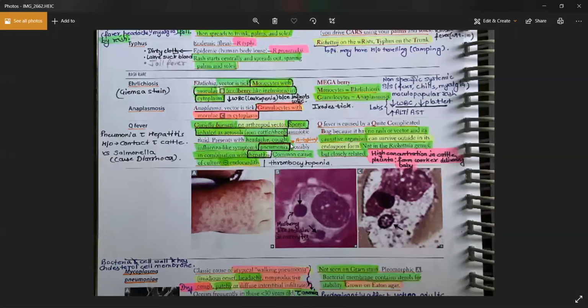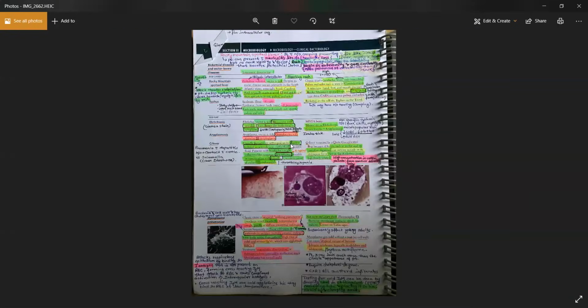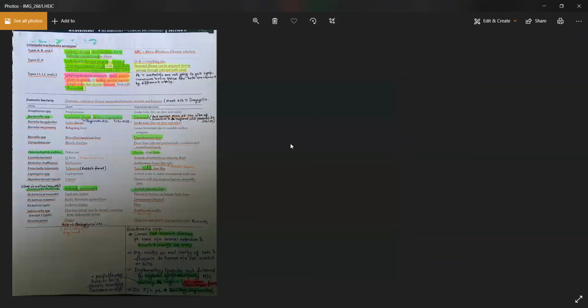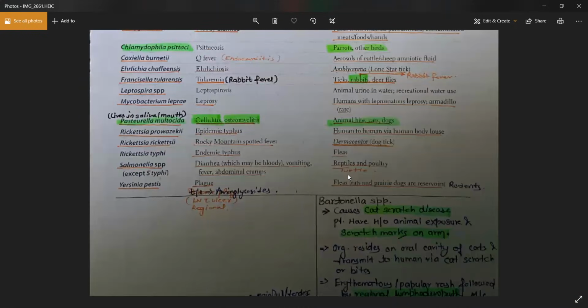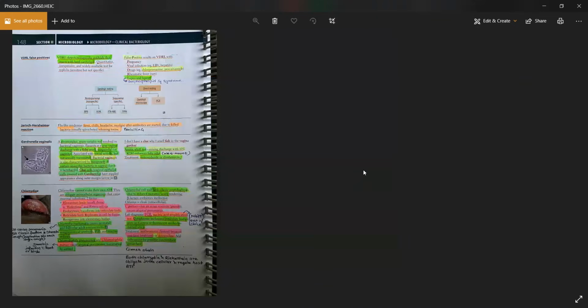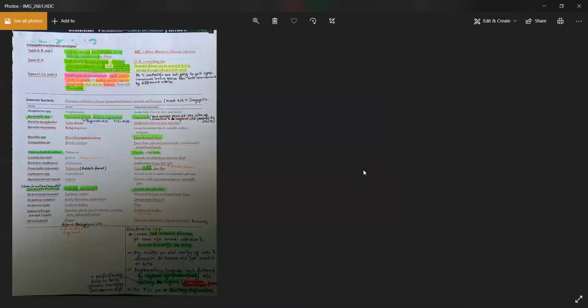So what about the lymphadenopathy and ulcer in case of plague? In case of plague, you will get the painful inguinal lymphadenopathy, which is a bubonic plague. Like I told you, buboes are basically your painful inguinal lymphadenopathy. You will also get the buboes in the lymphogranuloma venereum, like I told you, in the L1, L2, L3 species of the chlamydia in the upper page, as you can see here.